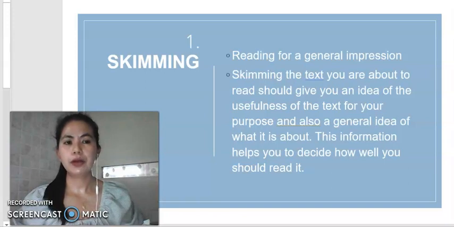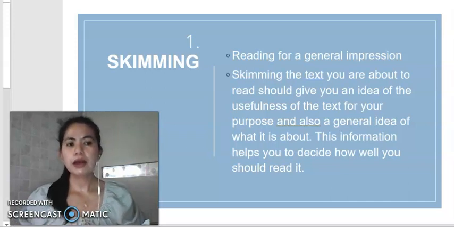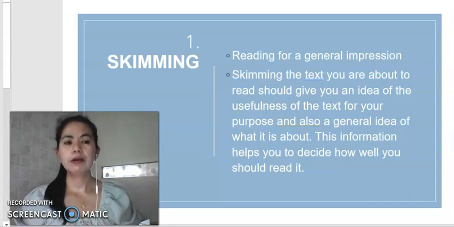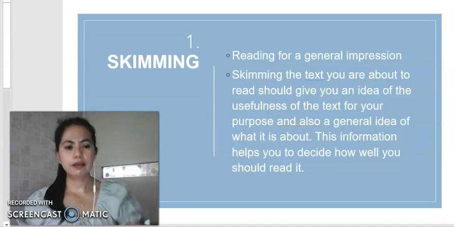For example, you are going to read a newspaper or a magazine. The first thing you want to do is read the titles, look at the pictures, and read the subheadings, paragraphs, or sentences.